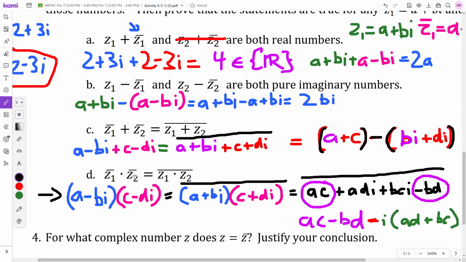Okay, so now I can go back to finishing what I was doing over here. So let's FOIL this. So I get AC minus ADI minus BCI plus minus BD.